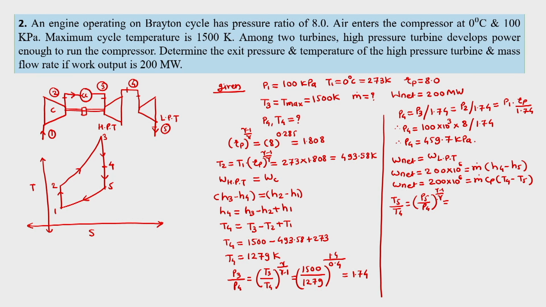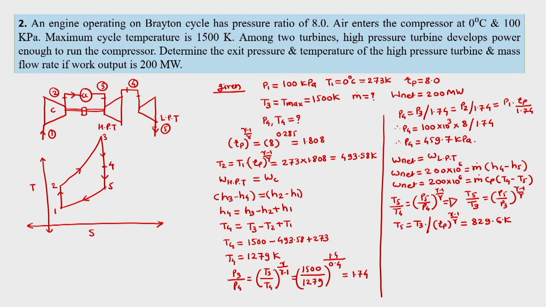It can also be evaluated from the formula T5 by T3 is equal to (P5 by P3) bracket raised to (gamma minus 1) upon gamma. Since P5 upon P3 is equal to 1 upon Rp, T5 is equal to T3 divided by Rp raised to (gamma minus 1) upon gamma, and it turns out to be 829.6 Kelvin.